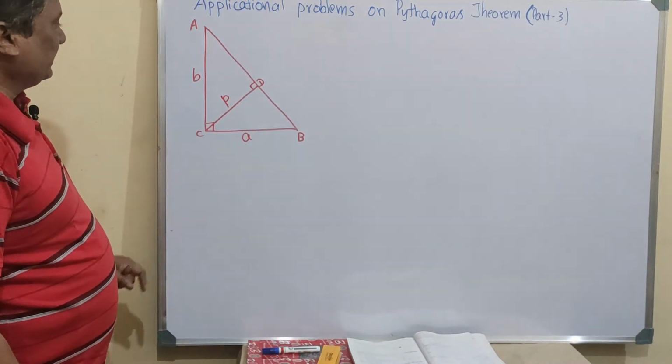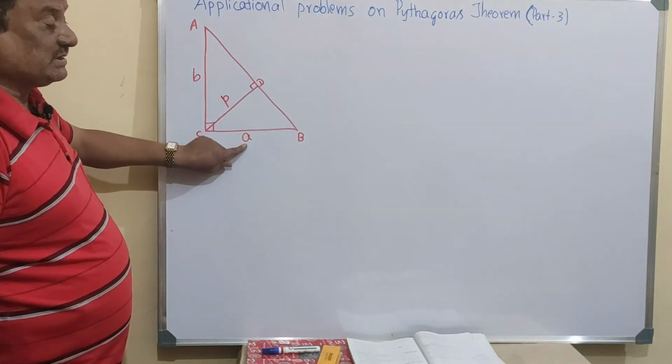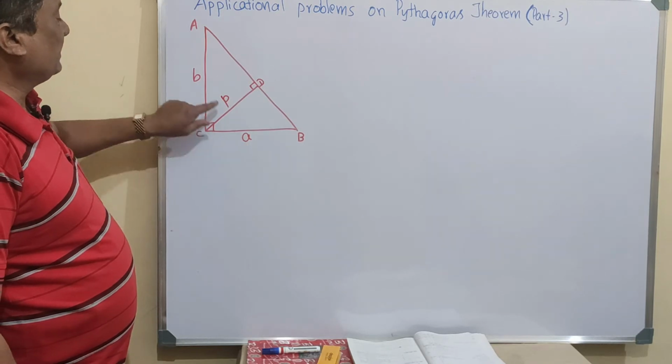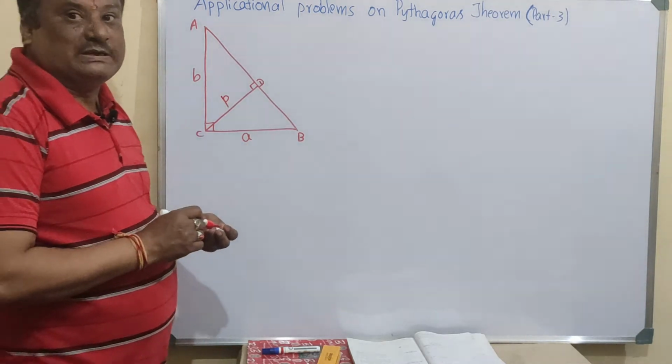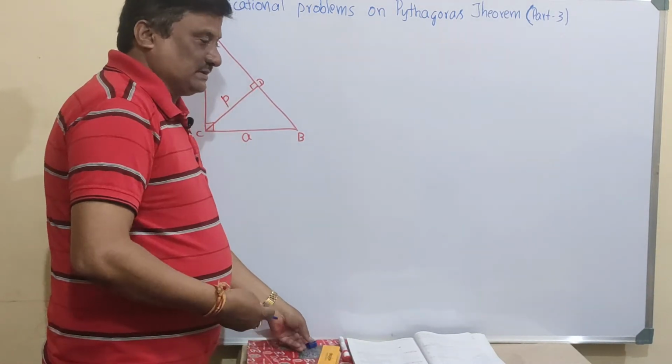Now we want to show that 1 by P square is equal to 1 by A square plus 1 by B square. So we know the results also.